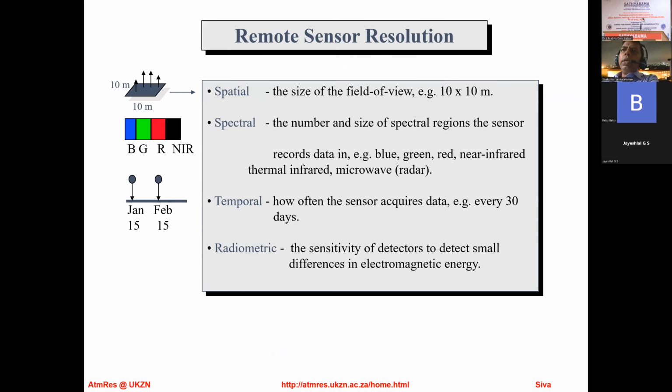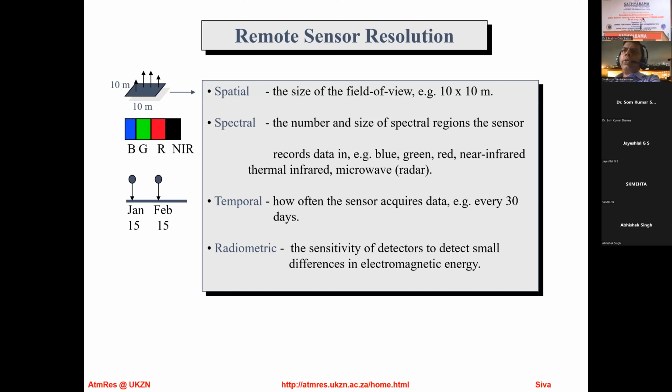So otherwise, any remote sensing instrument you take has a different resolution. That is the most important thing to identify what you require for your purpose. This has been covered by many of my colleagues and friends. So you might have noticed the spatial resolution. That means how closely you would like to visualize your atmosphere or the environment.